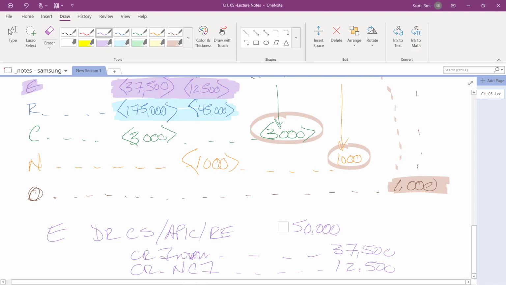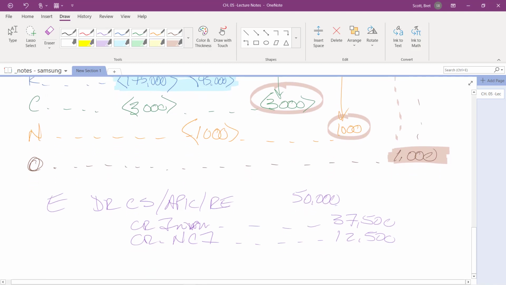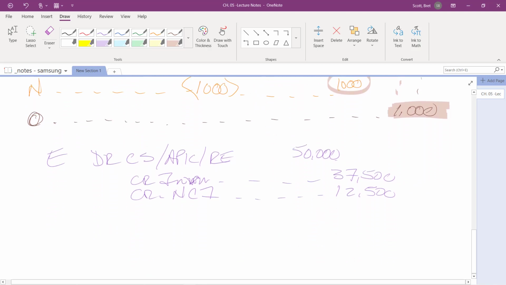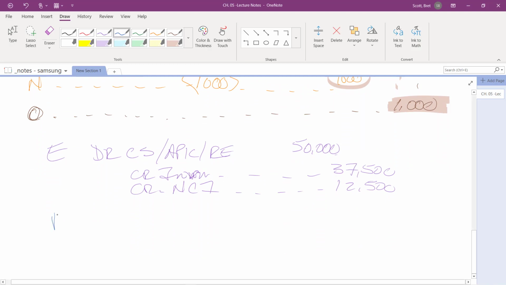For journal entry R, again, we're going to be recording the full goodwill, the full amount of the unreported intangibles. So in that journal entry, when we're doing R, we're going to be debiting the intangible, which was previously unreported. We're going to be debiting that for the full amount, not just our portion or NCI's portion, but the full 100%.